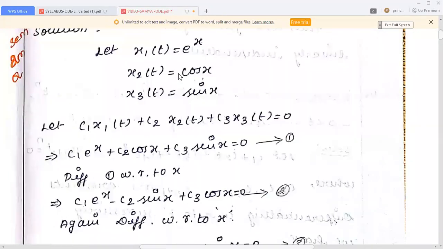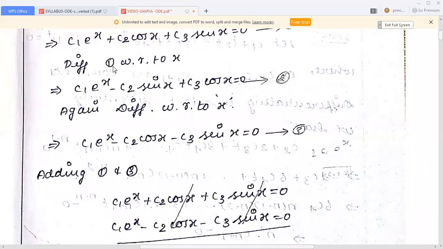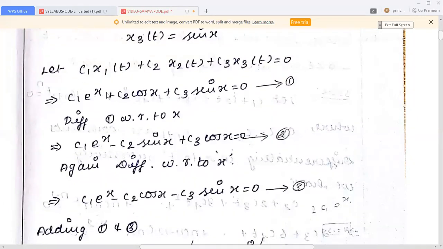So in this linear combination, there are 3 functions. Therefore, we can differentiate this linear combination with respect to x 2 times. Now we are going to differentiate the first time. So differentiating 1 with respect to x, c1 into e power x minus c2 into sin x plus c3 into cos x equals 0. We can take this as equation number 2.